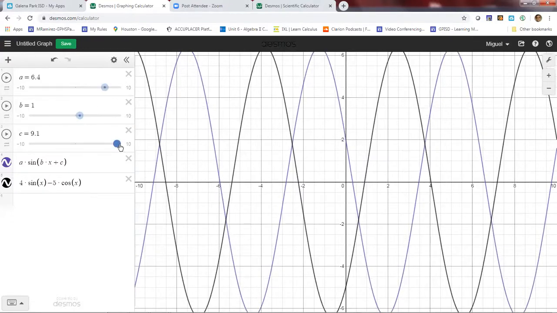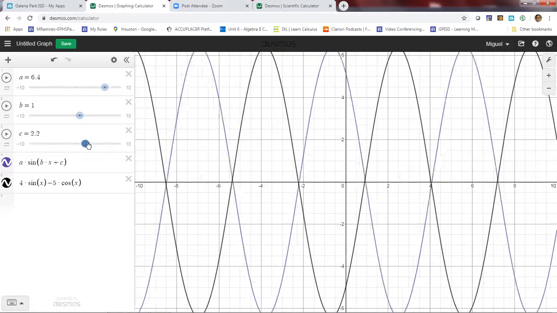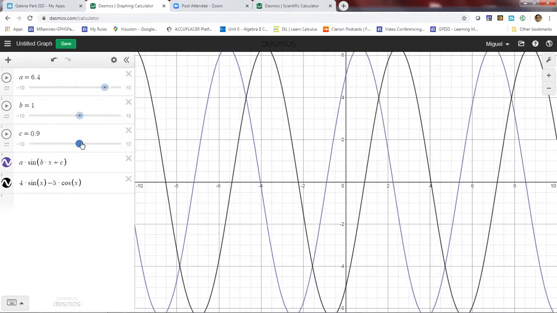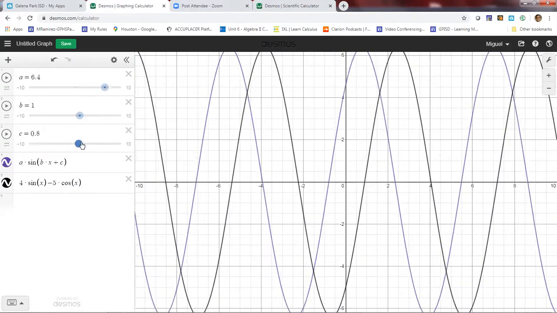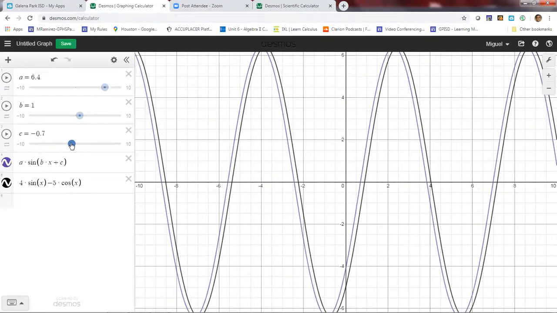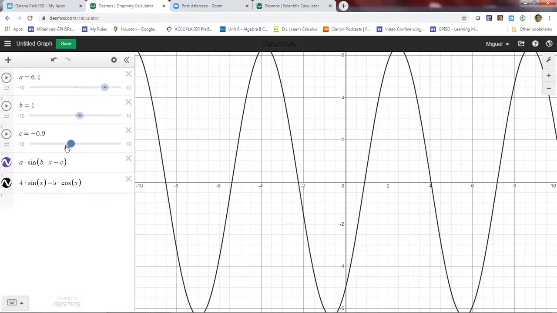And now this is 0.896. Let me see again. This is positive. Let me check the negative. There is. You see? 0.89 is almost 0.9.